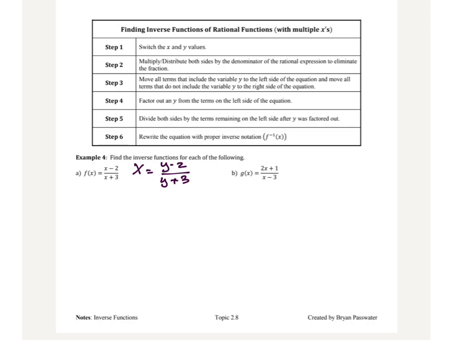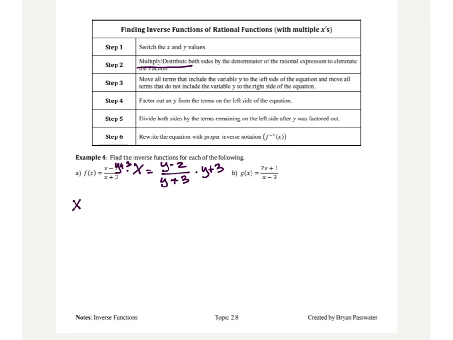Step 2 up here says multiply or distribute both sides by the denominator of the rational expression to eliminate the fraction. So we want to get rid of the fraction. We're going to multiply both sides by the denominator. So multiplying x by y plus 3. Now we have a monomial x times a binomial y plus 3.